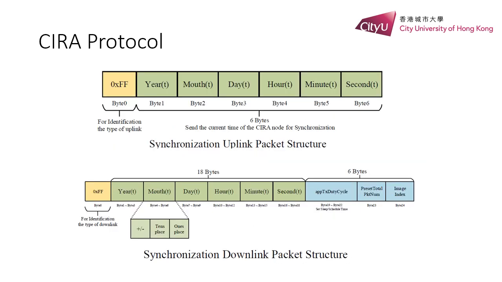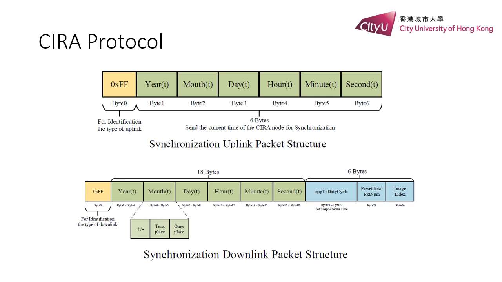This is our CIRA protocol. First is the synchronization. It is used to synchronize the CIRA node's time to the server. Because our CIRA node will be used in some no network coverage areas, it doesn't have the world time at the initial state.